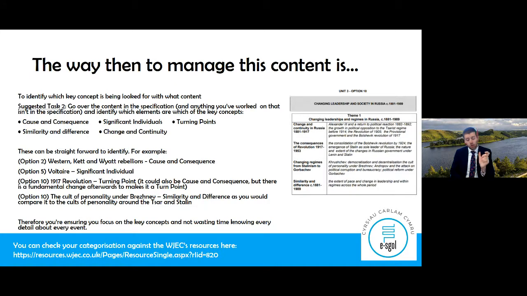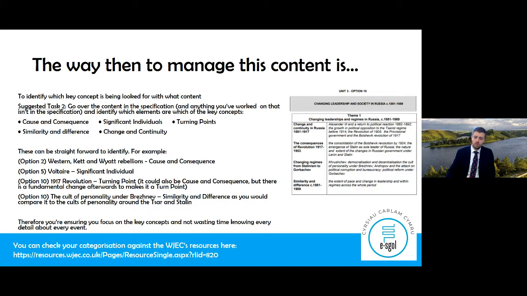So applying this: cause and consequence, significant individuals, turning points, similarity and difference, change and continuity, which bits apply to which? Now I've got a couple of examples here that hopefully might make it a little bit simpler in your head, and this is how you can then manage that content.